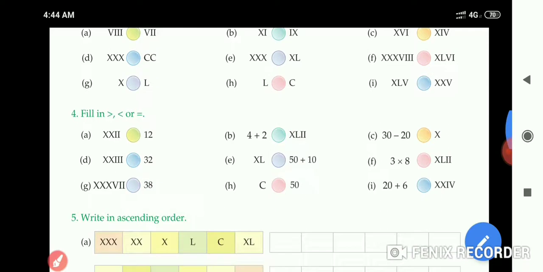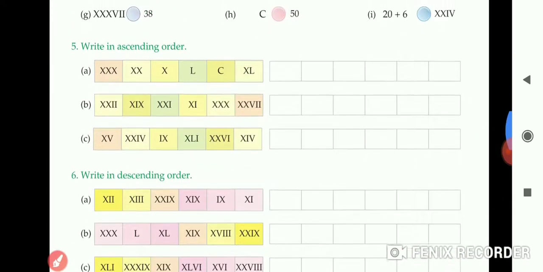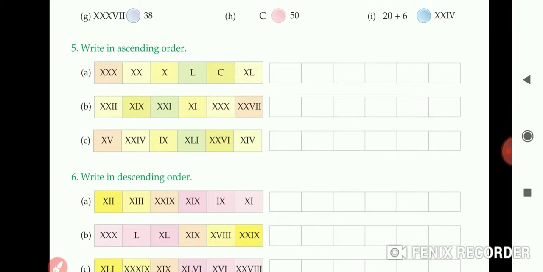Now question number 5. Write in ascending order. XX, L, C, XL. First of all, what is ascending order? We write down the smallest number first and the largest number last. Here Roman numbers are given.